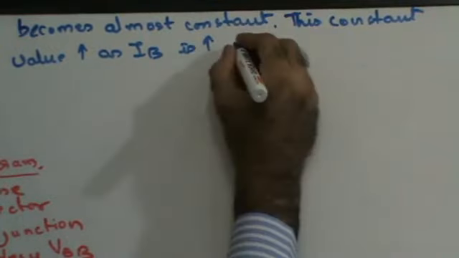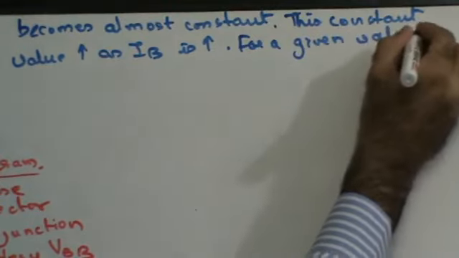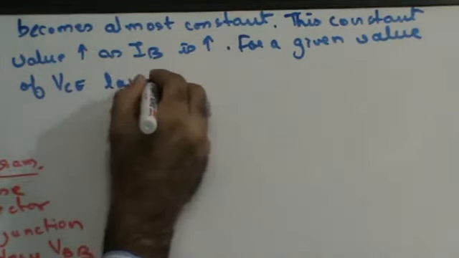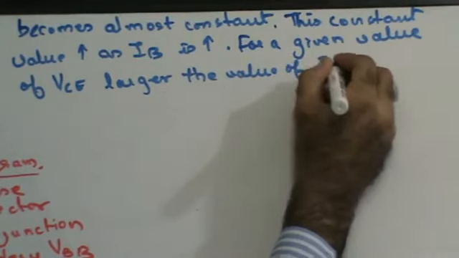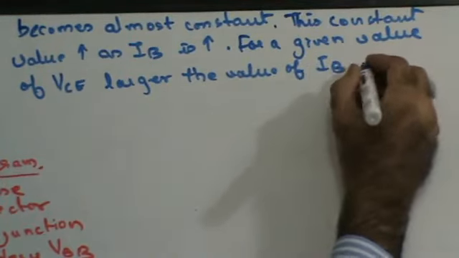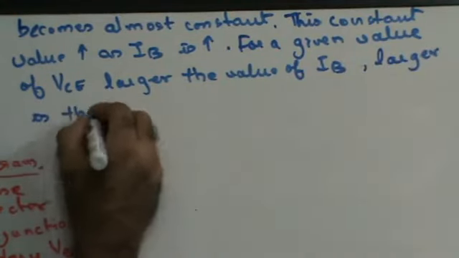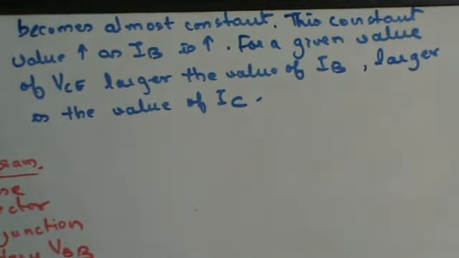That means for a given value of collector emitter voltage, larger the base current, larger will be the collector current. Fine, do we get this thing clear?